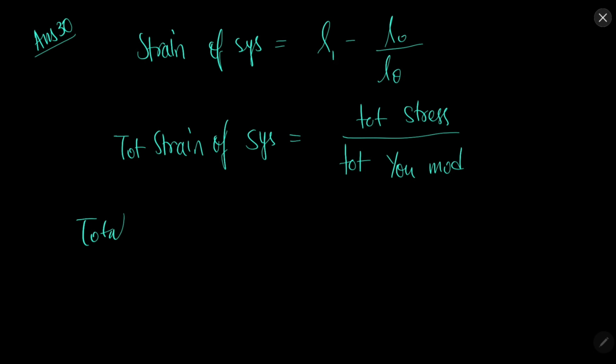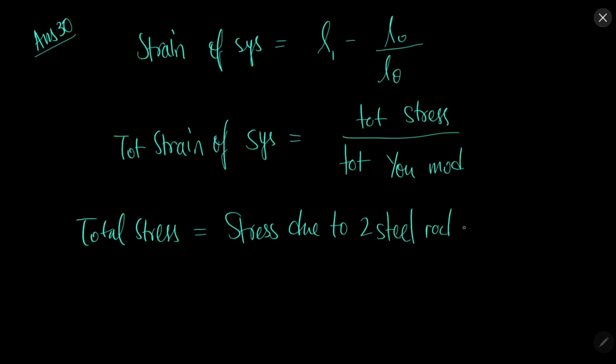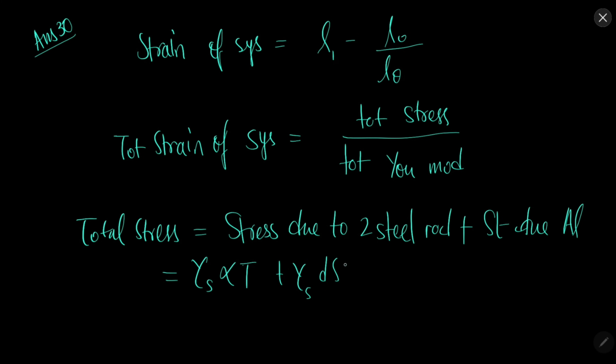Total stress will be the stress due to two steel rods plus the stress due to the aluminum one.